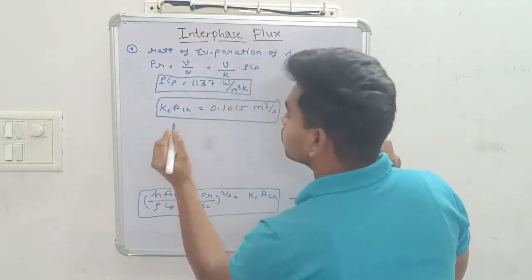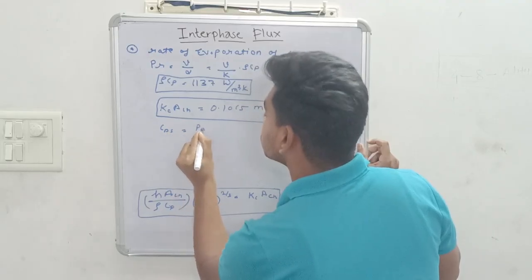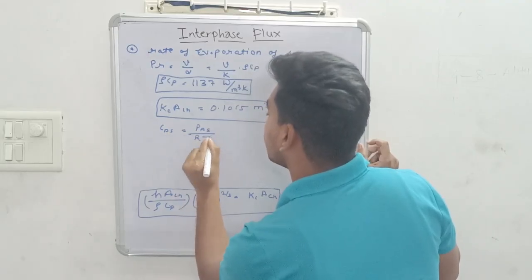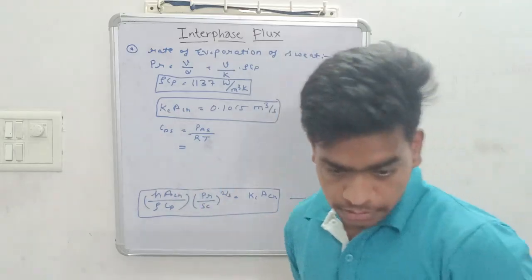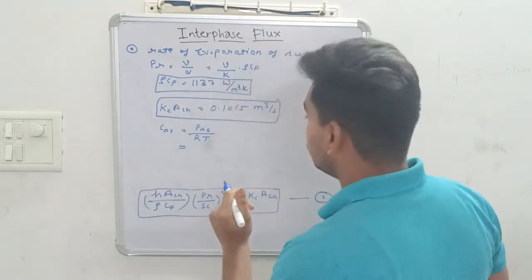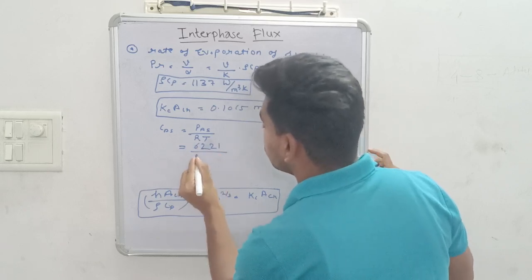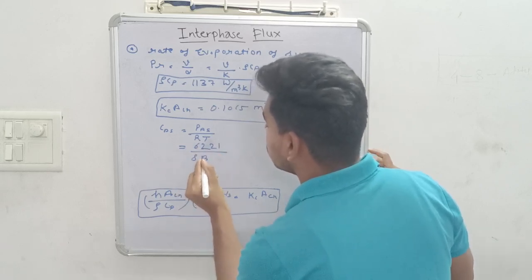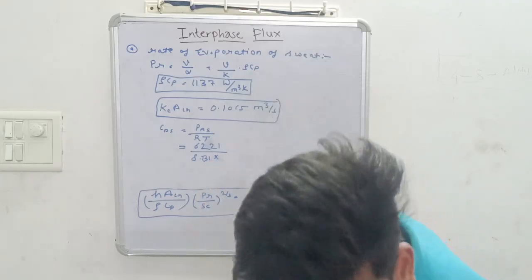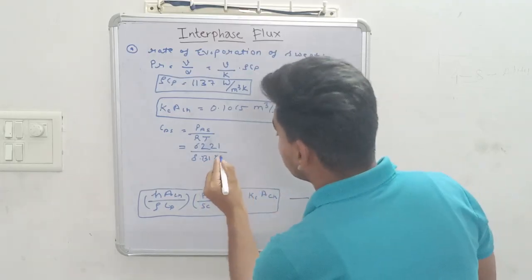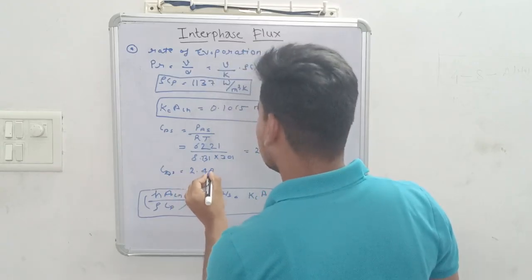By using the formula C_A,s equal to P_A saturation by RT, we will come to know the value of concentration.